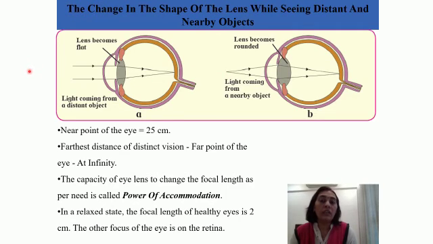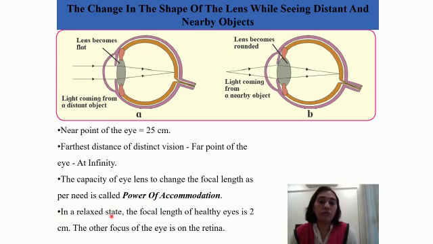Accordingly, you can see any object from infinity to a minimum distance of 25 centimeters, brought about by the lens changing its focal length. This capacity of the eye lens to change the focal length is referred to as the power of accommodation.